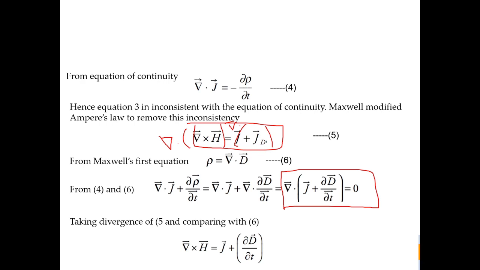So we have del dot J plus del, this thing should be equal to del dot J plus del D upon del T. If you make a comparison, you find that this del D upon del T should be equal to JD. So this del D upon del T is basically the displacement current.